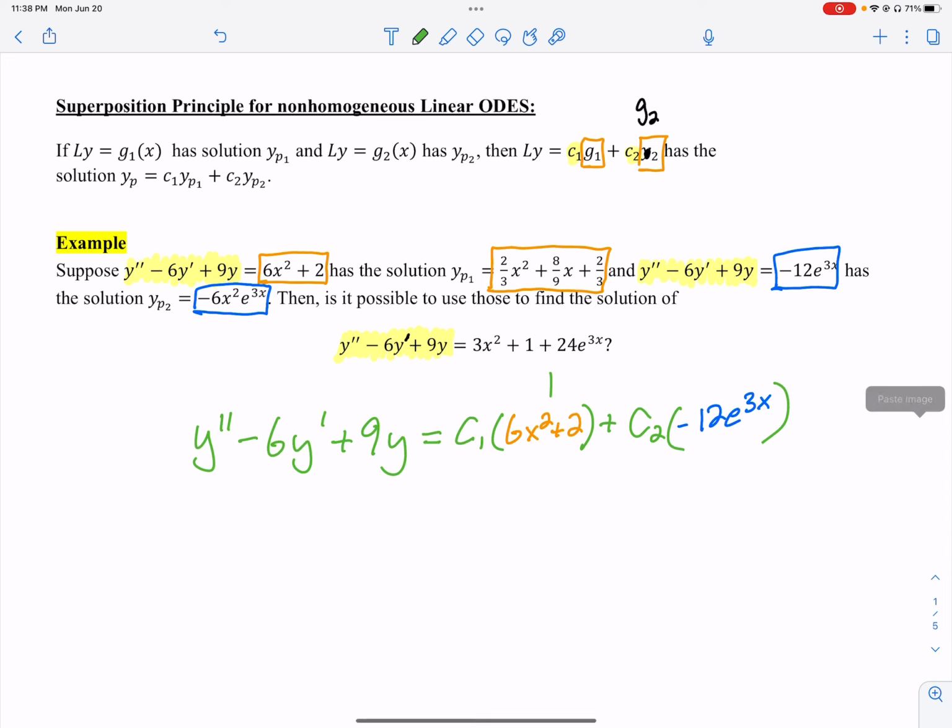They're saying if we can find a C1 and C2, then we can find a new solution. Okay, well, if you can tell, this kind of matches that, and that other one matches that, right?